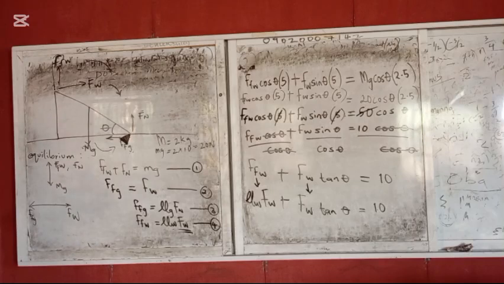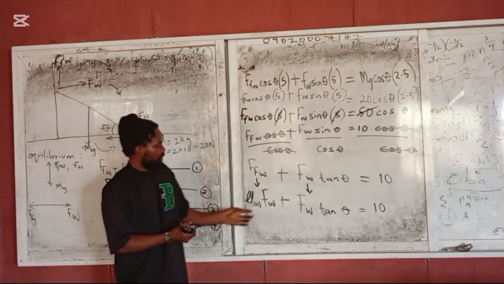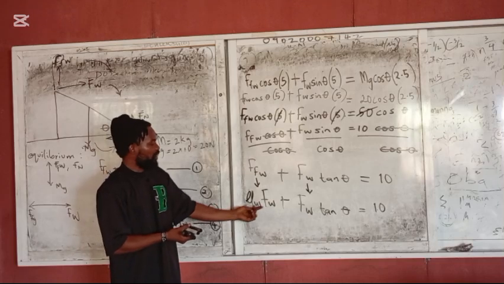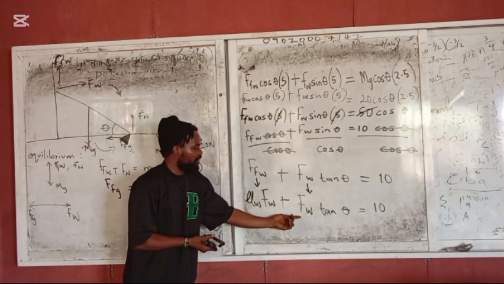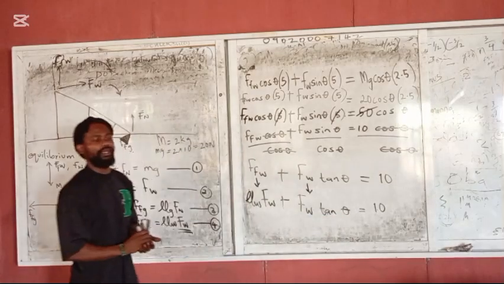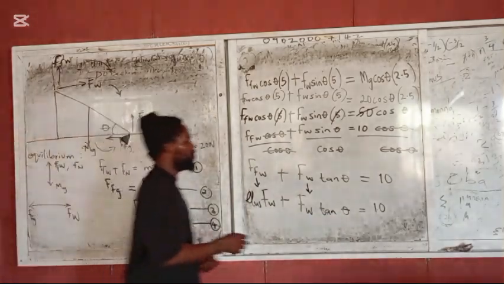That thing you normally do: substitute this one for this one. Once you've learned it, you see that it's the same. You are flowing with it. So at this point, I have my coefficient of friction of the wall, then I have FW, then FW tan theta. Remember that my goal is to make tan theta the subject of the formula.